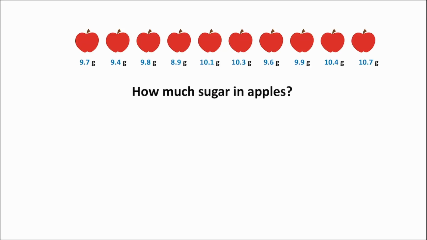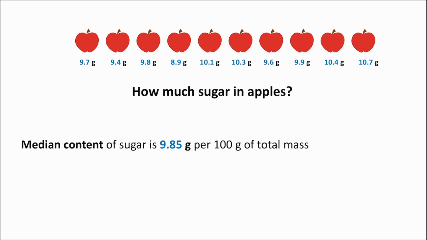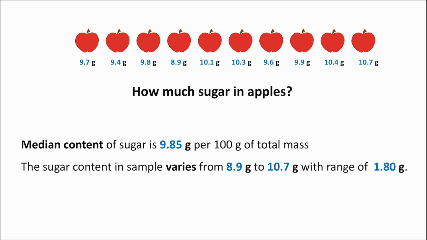Okay. So now we can answer the question, how much sugar is in apples? You can say that the median sugar content is 9.85 grams per 100 grams of total mass, and the total sugar content in the sample varies from 8.9 to 10.7 grams with a range of 1.8 grams.